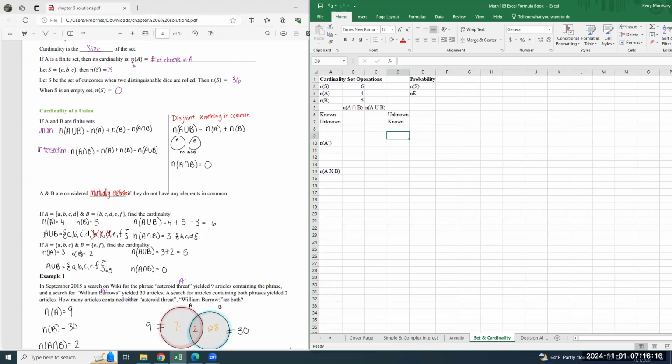Now let's say we have A union B. Union is another way to say or. In class we could, if we wanted to, build the set, and then cancel out any repeated element. Or we can use the equation. If we have A or B and this is unknown, this is where your formula is going to be.